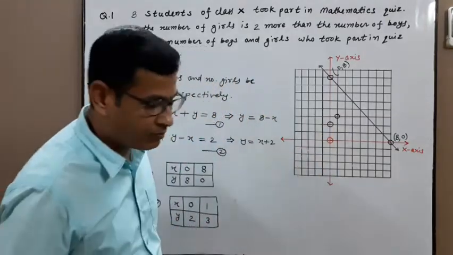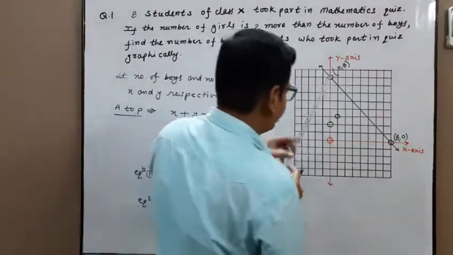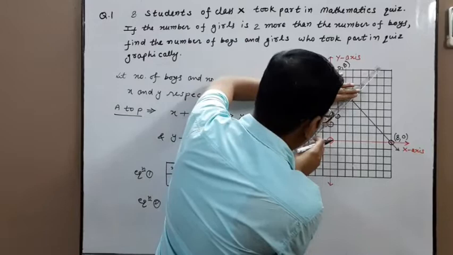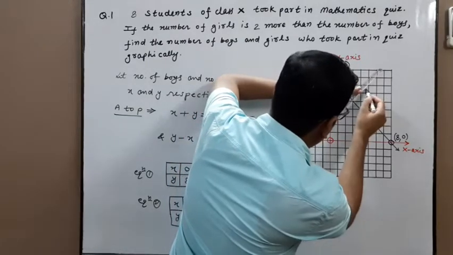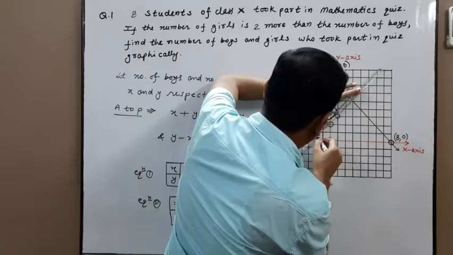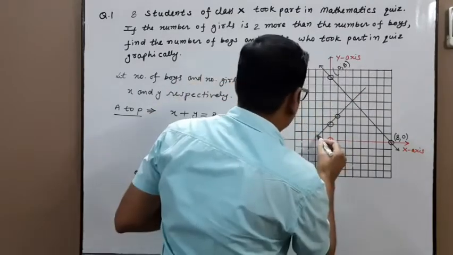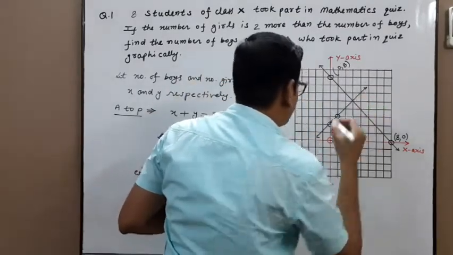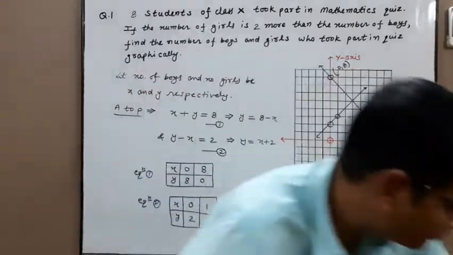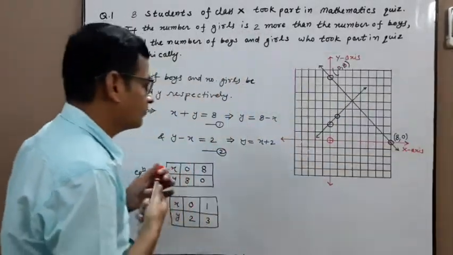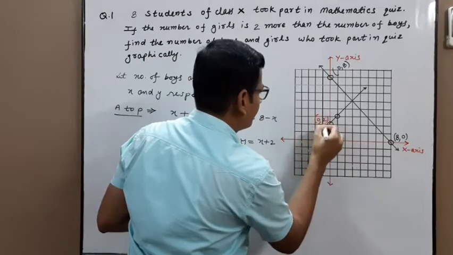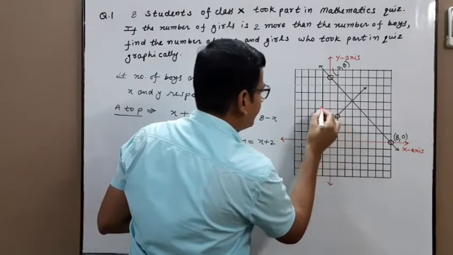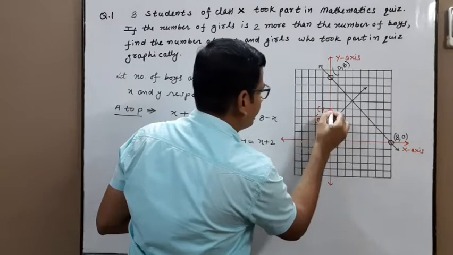And now join these 2 points. This point is 0 comma 2 and this point is 1 comma 3.